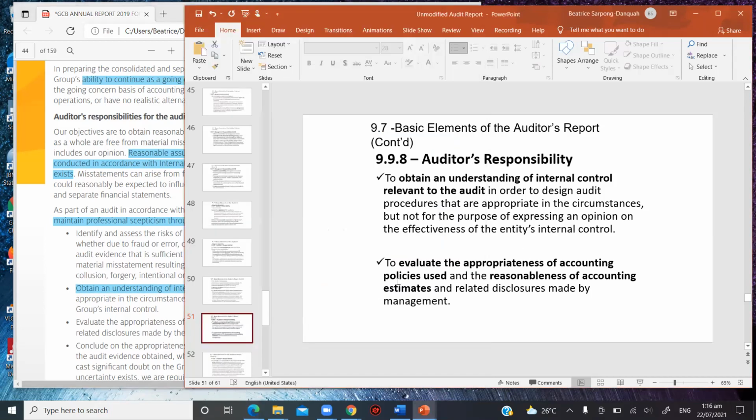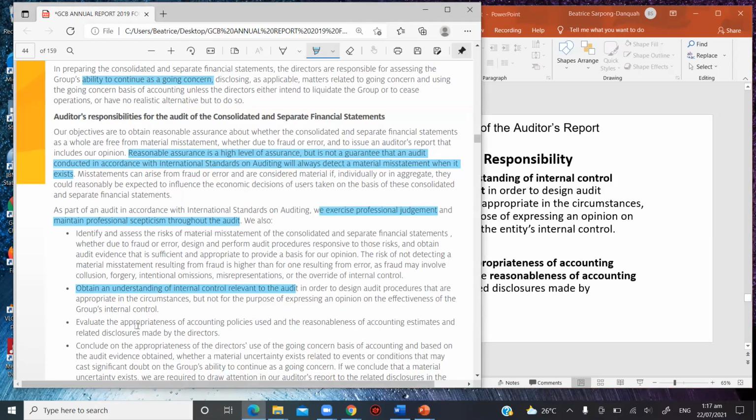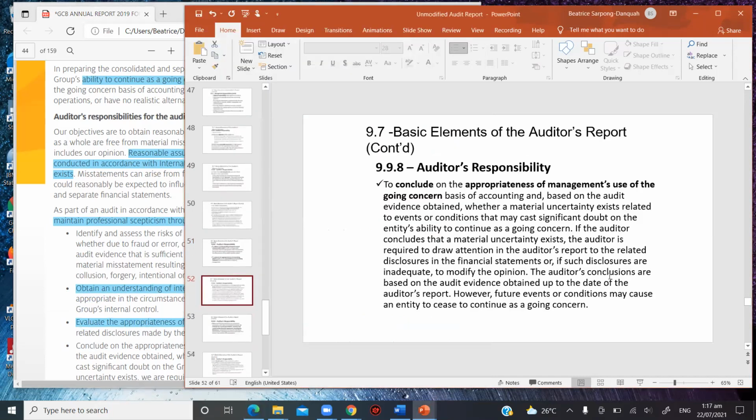They will also continue to say that their responsibility is to evaluate the appropriateness of accounting policies and the reasonableness of accounting estimates used by management. So we are also responsible for evaluating the appropriateness of accounting policies and reasonableness of accounting estimates by management. Their responsibility is also to conclude on the appropriateness of management's use of the going concern basis.